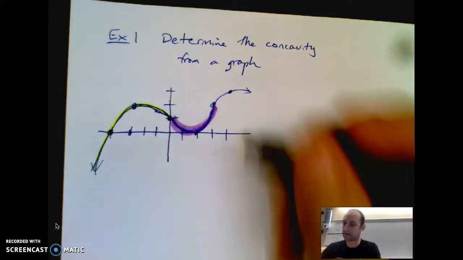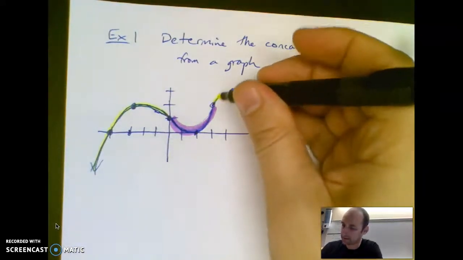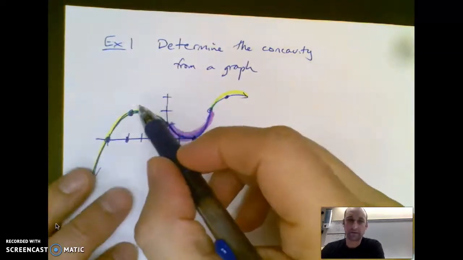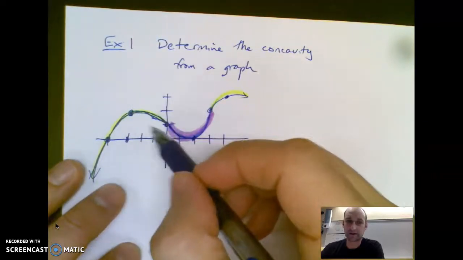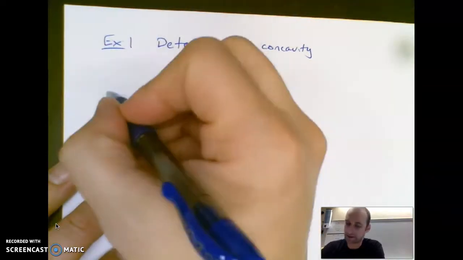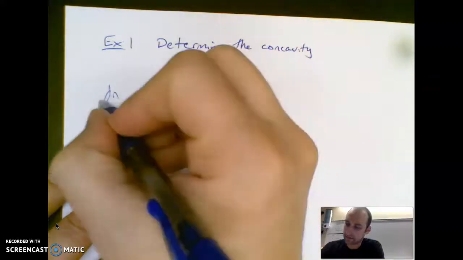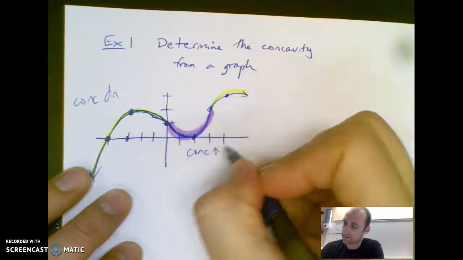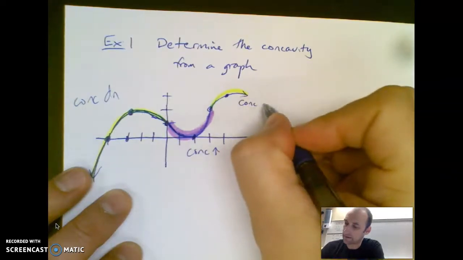It gets sad. It's on an emotional roller coaster, like we all are. It's 2020, man. All right, so on this one, since it's down like a frown, this would be concave down, and this would be concave up, this would be concave down.